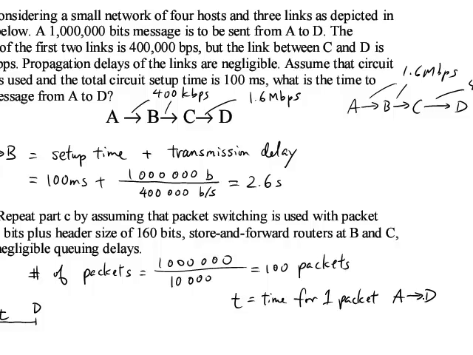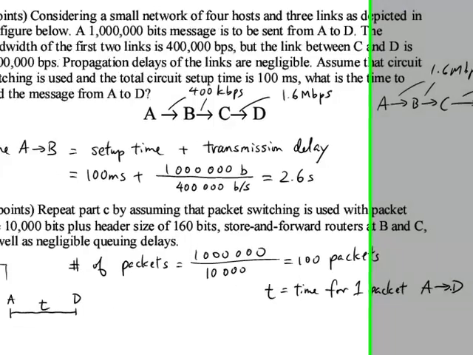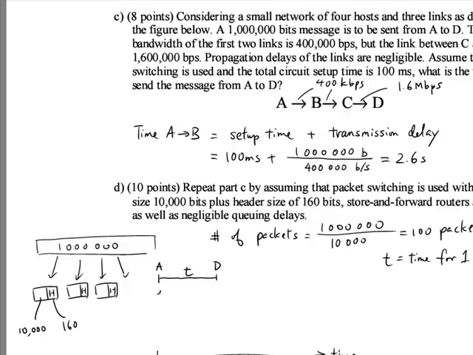Now, A doesn't wait until this packet finishes arriving at D before sending the second one. It will send the second one after it sends out the first one. So after it completes sending the first one, which is just the transmission delay for one packet, it will start sending the second one.